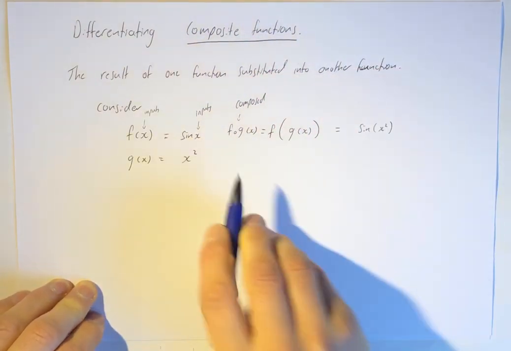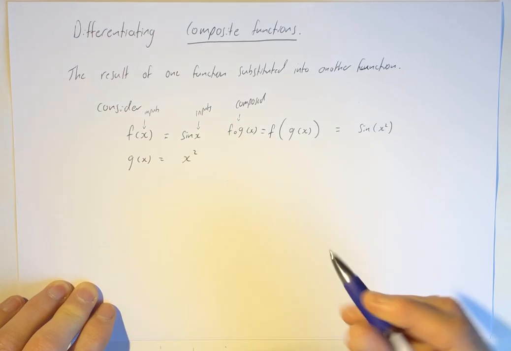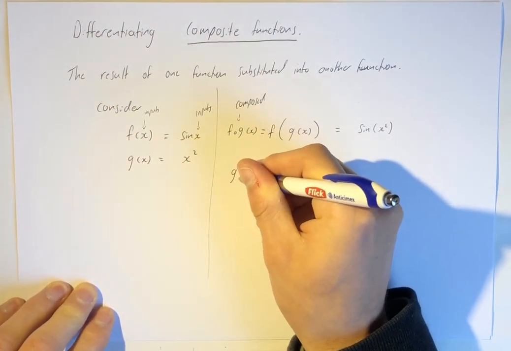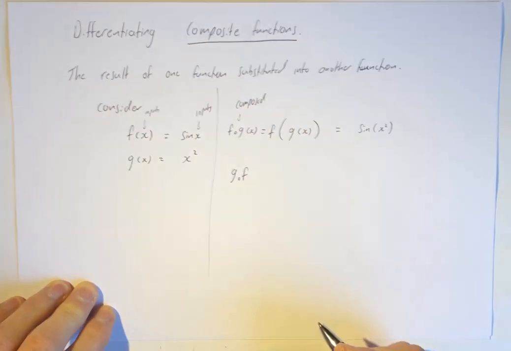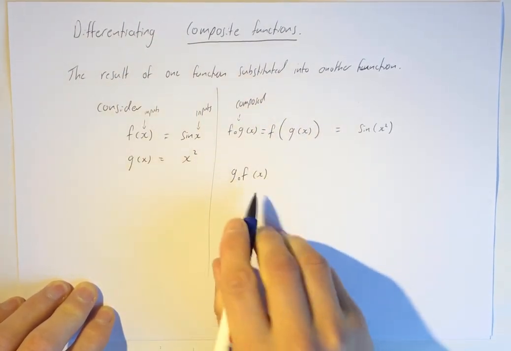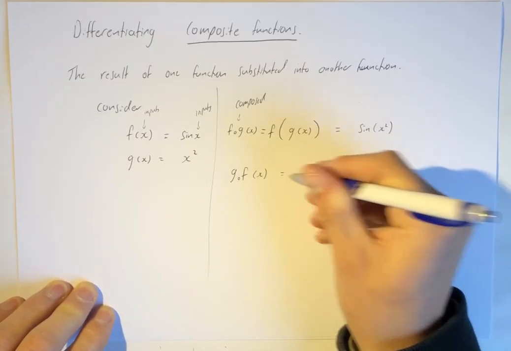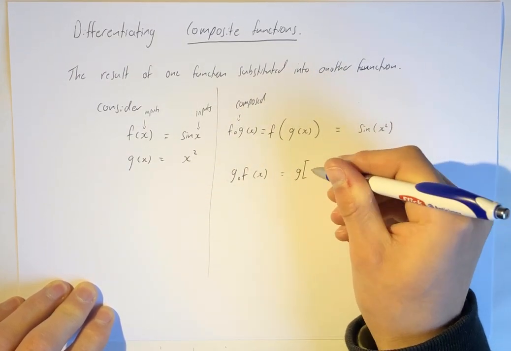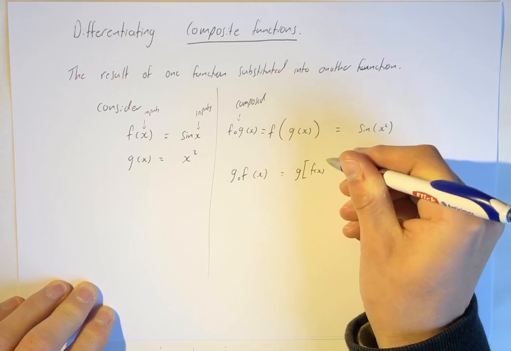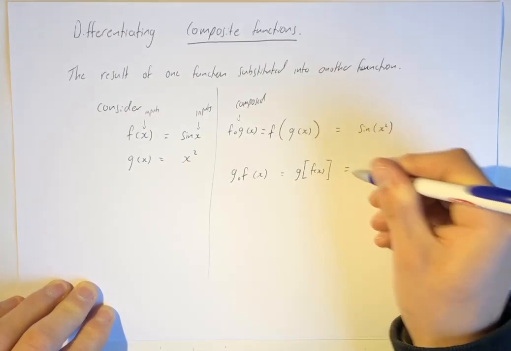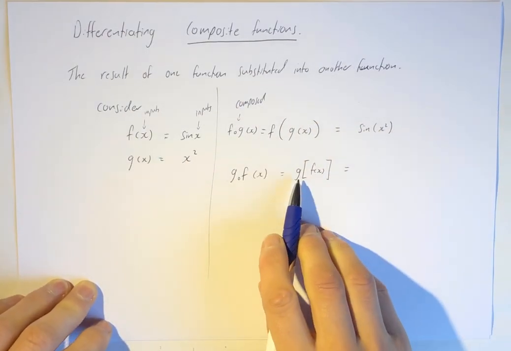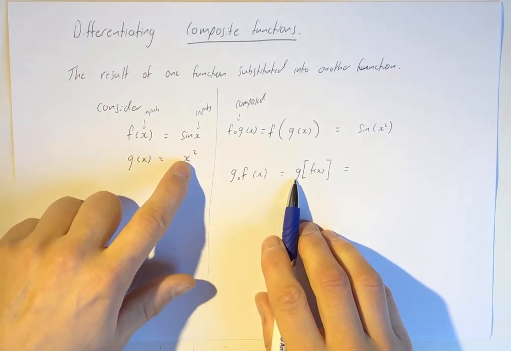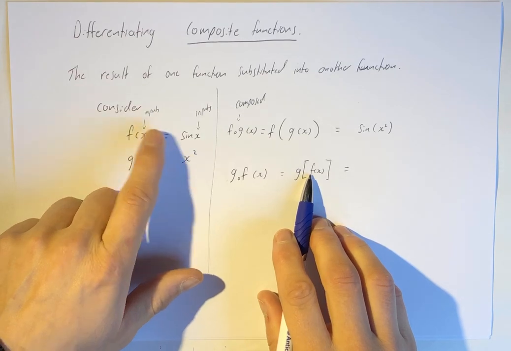That means composed. Okay, let's have a look at what it might be if we compose it around the other way. What if we had g composed of f and the variable we're dealing with is x? Well, that would be g, I think we should actually have used square brackets, g of f of x, and that's going to be g, which is x squared, and then instead of squaring x, we're now going to square f of x.